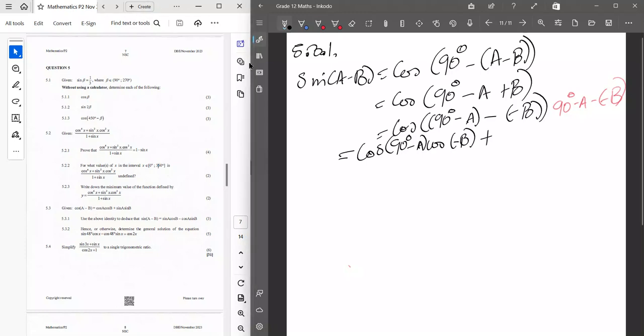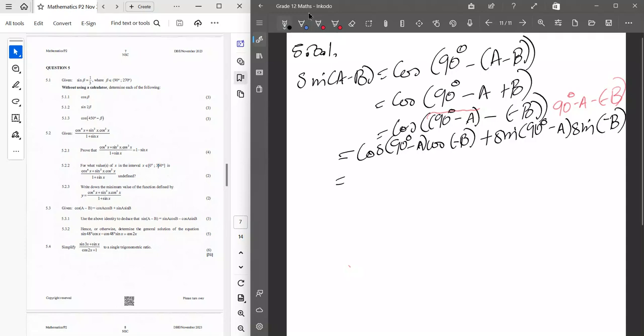So this will then be sine(90 degrees minus A) times sine negative B. Just a reminder, this represents your A, and this represents your B according to this one here. Let's proceed.